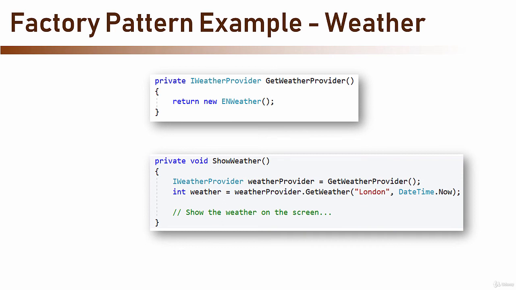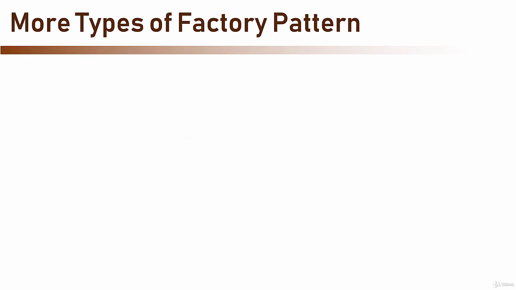Now, there are some more complicated types of factory methods. For example, let's say we have 2 weather providers, one for Asia and one for Europe. We need the code to be indifferent to the location we want the weather forecast for, and so we use the factory method as a place to make a decision about which instance to return.